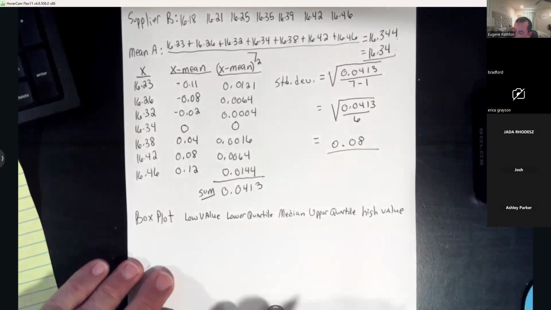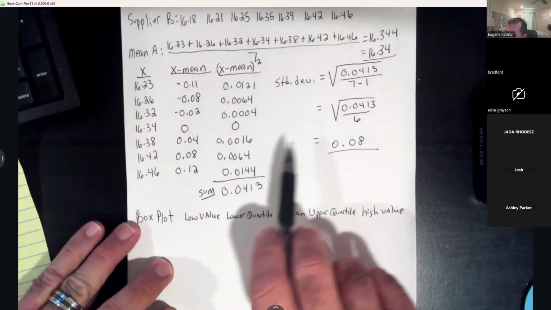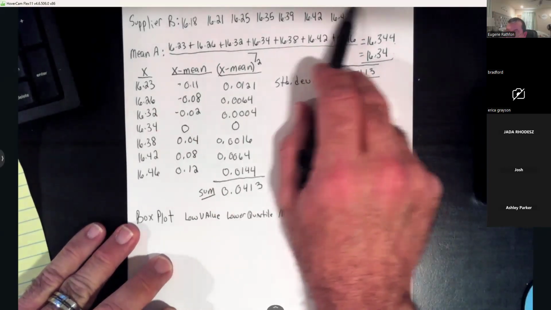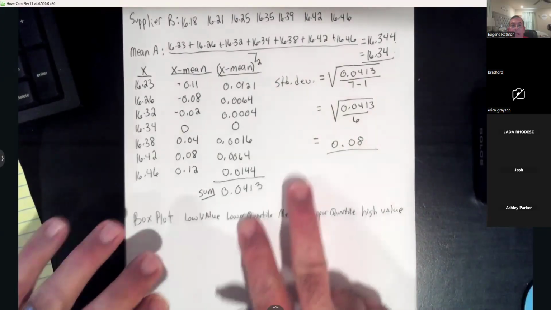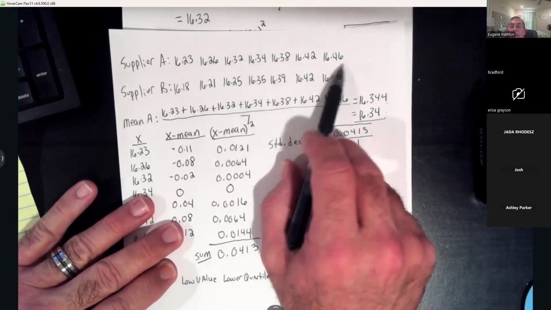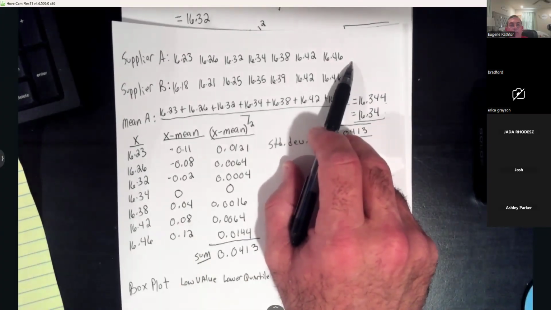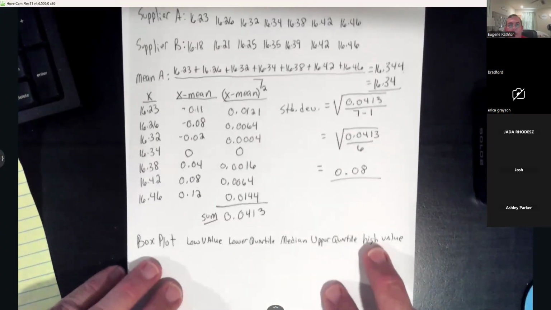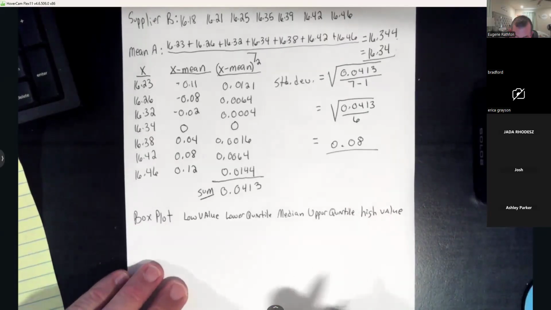Okay? So I'm going to make me a number line using these. Well, y'all can't see it, but my range needs to come around 16 and go up to about 17, it looks like. Okay? So I'm going to make me a little line here.